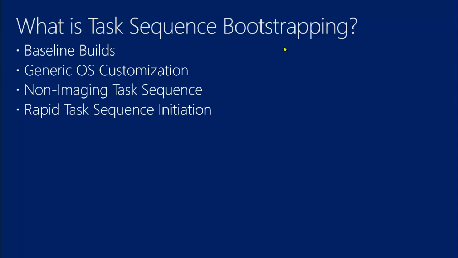Now, what's interesting is you can use task sequence bootstrapping separate and apart from autopilot, and we'll talk about autopilot coming up, right? Or you can use it in conjunction with autopilot, either way. So let's talk about that for a minute. Autopilot is that experience where you do effectively the same thing, right?